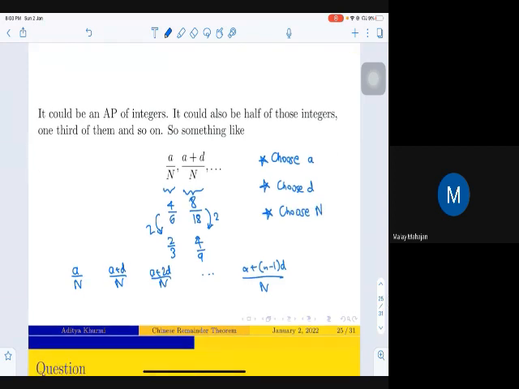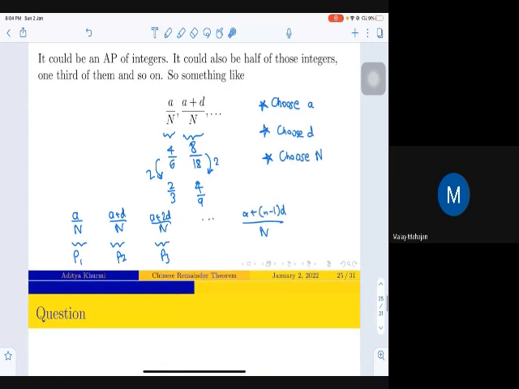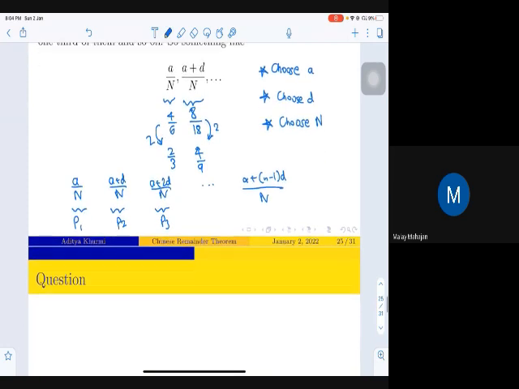So let's say the common factor over here is some prime p0, over here some prime p1, over here a prime p2, over here a prime p3. Then you would simplify these fractions by canceling the factor p1 from the numerator and denominator, you would cancel out p2 over here, and for the remaining thing you would want the numerator and denominator to be relatively prime. So what you want is that the only common factor between a and n is p1.